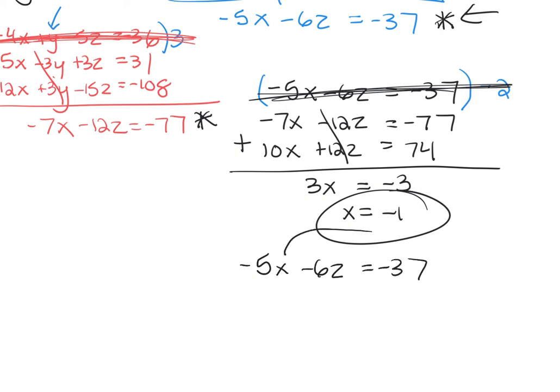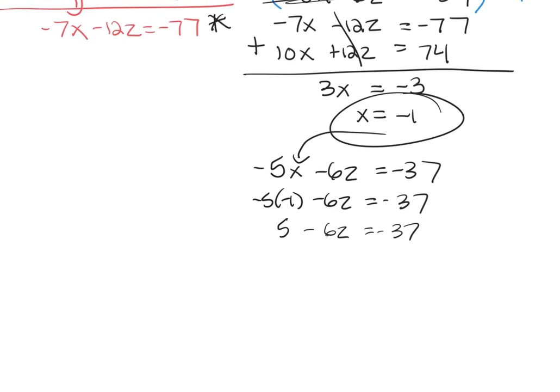But I have to plug in negative 1. Okay, so subtracted 5 on both sides. Now I have to divide. So z will equal positive 7.